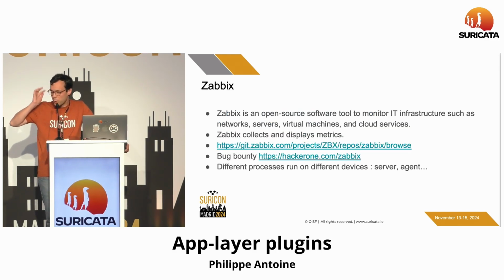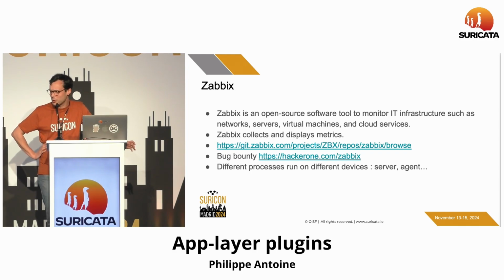So maybe a few words about Zabbix, because I suppose not everyone is familiar with it. Zabbix is, from Wikipedia, an open source software tool to monitor IT infrastructure, such as networks, servers, virtual machines, and cloud services.